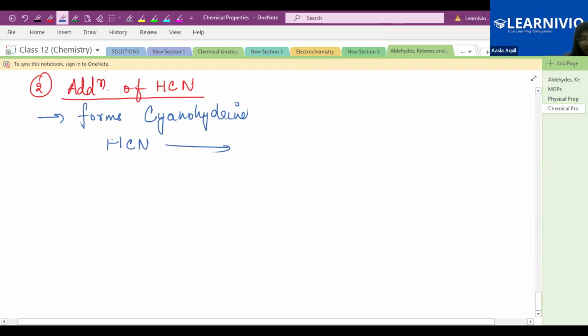In a basic medium, when you add OH minus, Na plus OH minus, the H plus gets combined with the OH to release water, and HCN dissociates into H plus and CN minus.